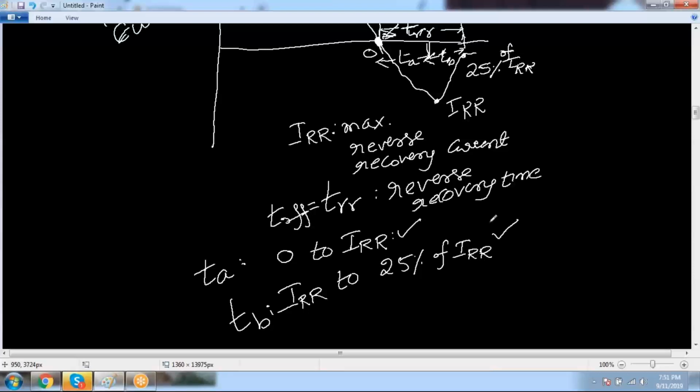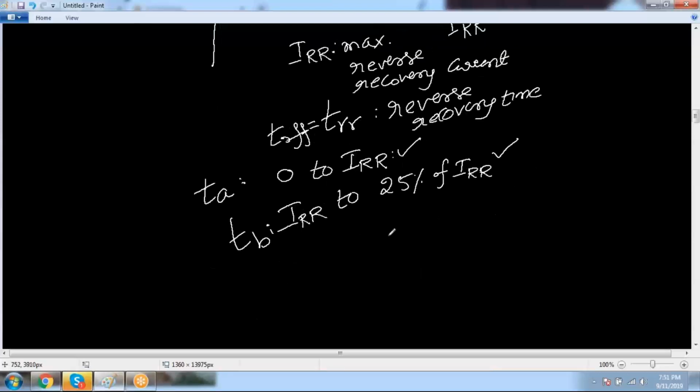That is removed. Now, how can you classify the diodes? That is nothing but the softness factor. Based on this only, the diodes are classified. What is S? It is the ratio of TB by TA.